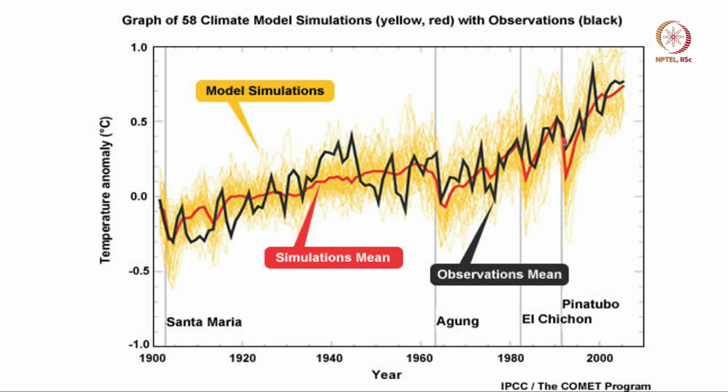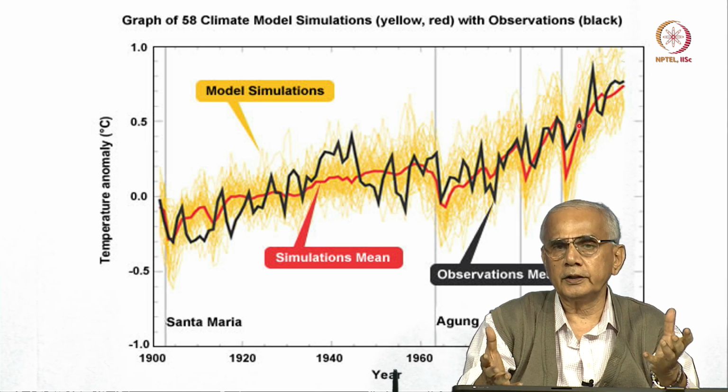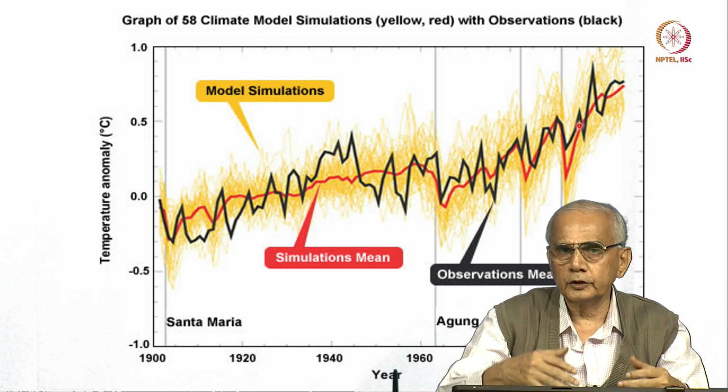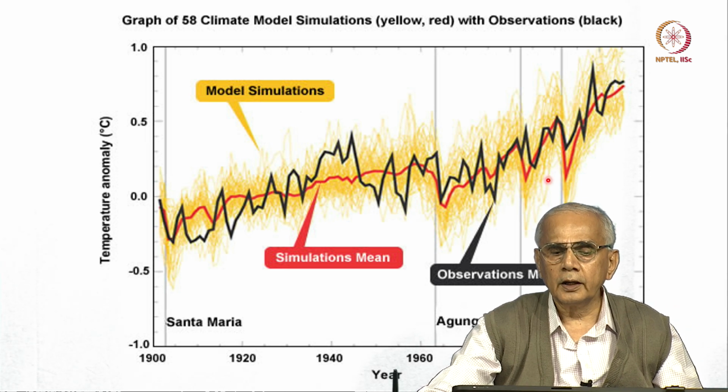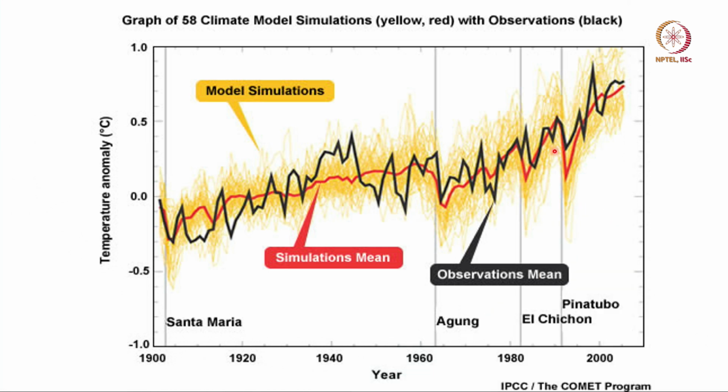Okay, and also remember, when you look at year-to-year variation, there is energy exchange between the ocean and the atmosphere, and these are complex processes, and these models are not simulating well right now, although they are improving. So you can see that the last 40-year trend is correctly simulated, but any one year there are problems.